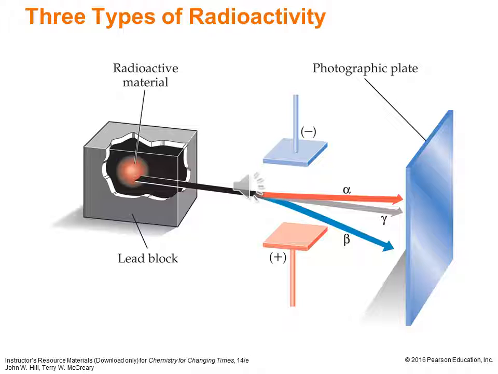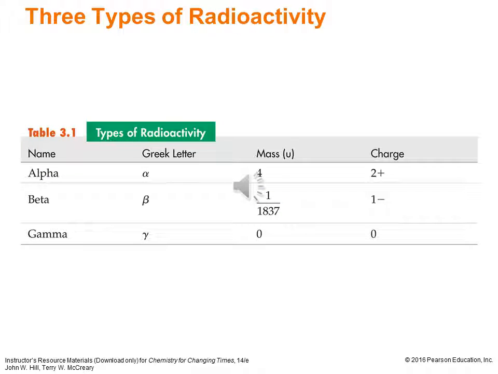And comparing the alpha and the beta deflection, the alpha particle must be much more massive than the beta particle, which explains why the alpha particle does not have much of a deflection toward that negative plate, whereas the beta particle has a large deflection toward the positive plate. So now, after much painstaking work to get exact amounts, the table here, table 3.1, shows the names alpha, beta, and gamma, which we had the Greek symbols for on the previous slide.